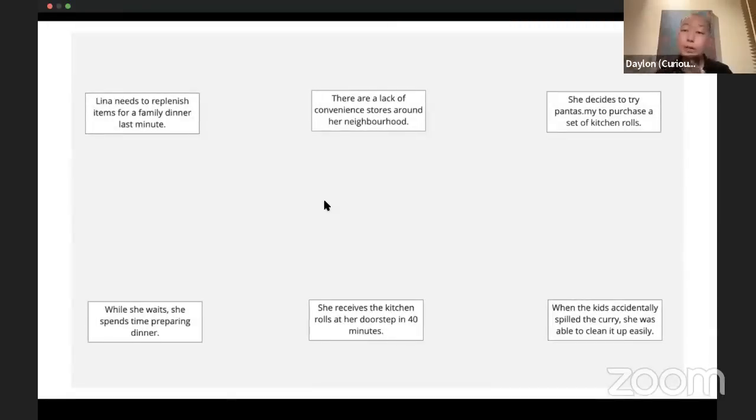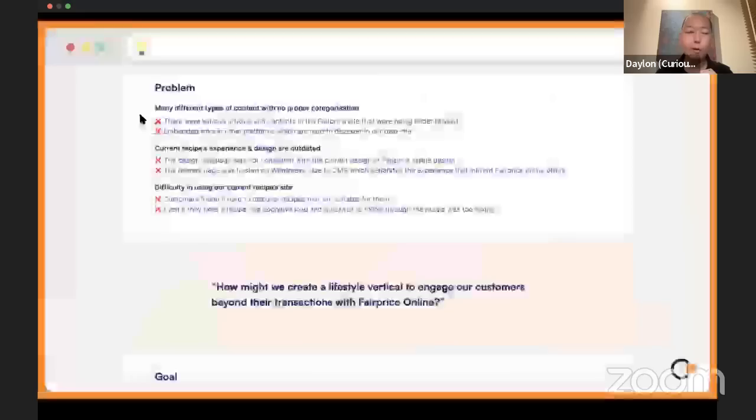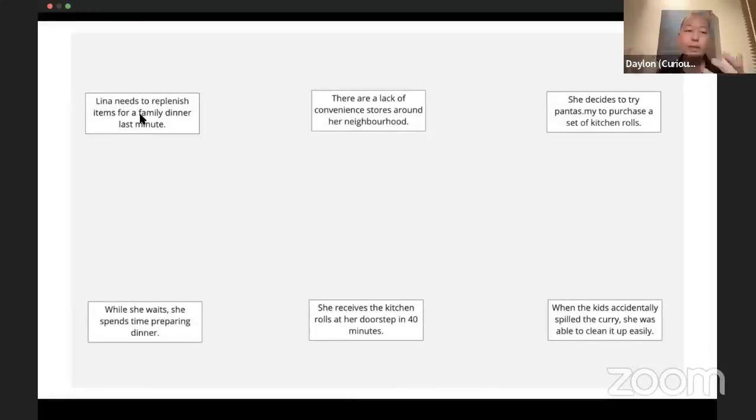When you're using the SCQA framework, you can also use it to tell the story of how your app or your website changes or makes the life of your customers better, right? So for example, let's say there's a person called Lena, and Lena needs to prepare dinner for her family, but there's a lack of convenience stores around her neighborhood, right?